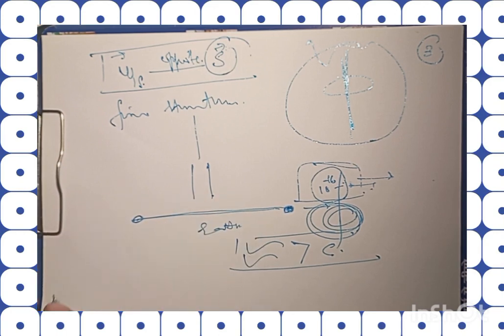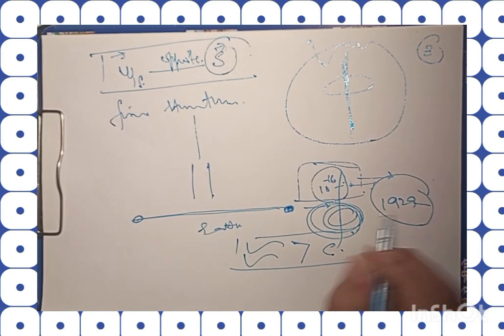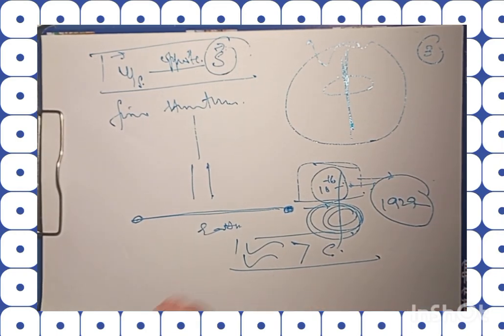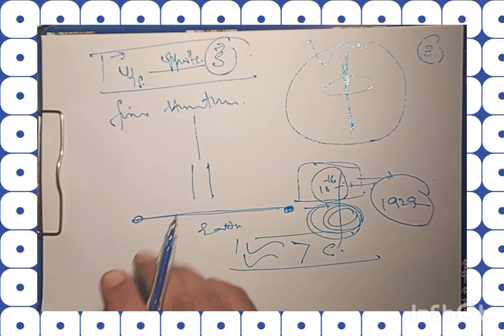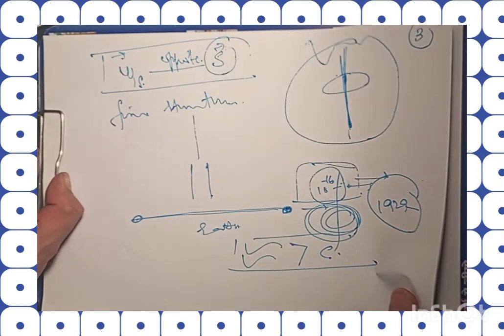And what happened in 1929? In 1929, the fundamental nature of electron spin was confirmed by Paul Dirac.